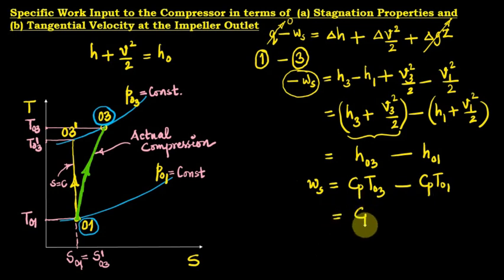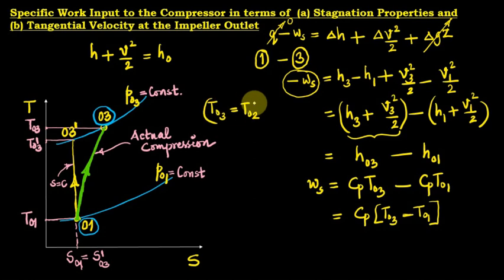So Cp into T03 minus T01. In the previous slide I told you, since there is no energy addition in the diffuser, T03 is the same as T02.